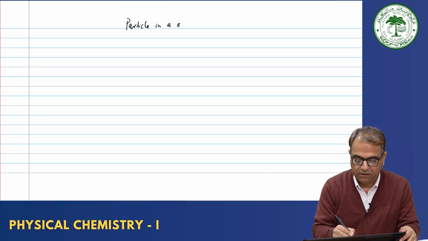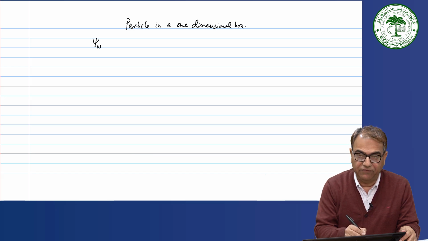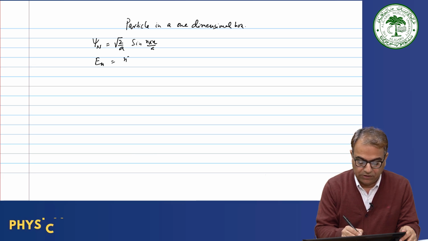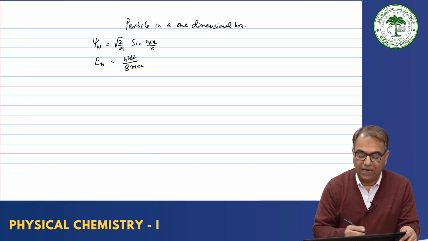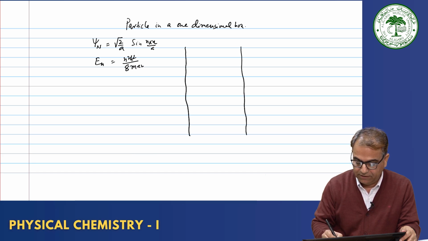We derived the relationship for the normalized wave function, which was root 2 by a sine n pi x upon a, and we derived the relationship for energy also, En, that was n square h square divided by 8 ma square, and we plotted this wave function for the different energy levels.